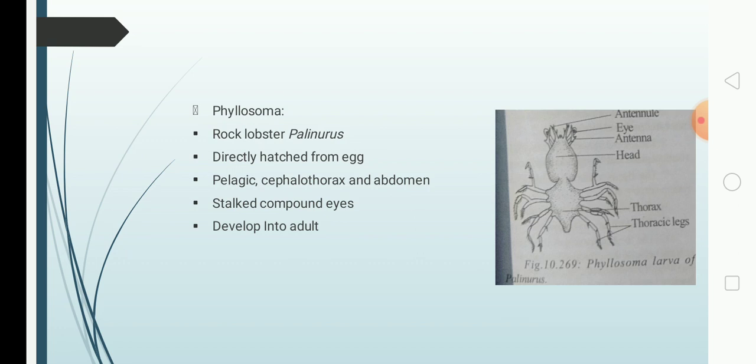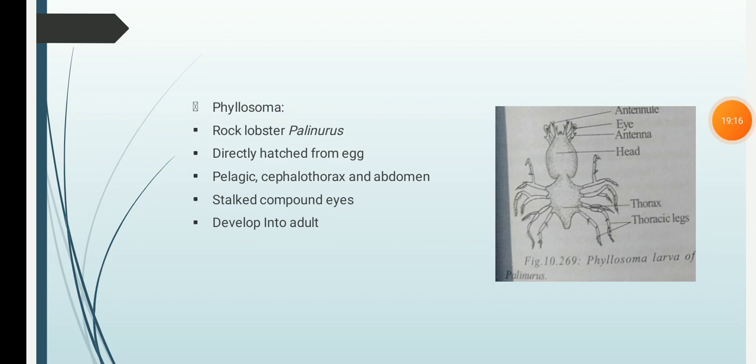Then the last point is that the crustacean larvae help to justify the recapitulation theory, the biogenetic law of Haeckel. So the study of these larval stages justifies the recapitulation theory, also known as the biogenetic law, or embryological parallelism.